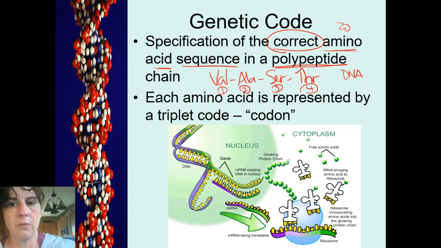So remember, when we talked about the structure of a protein, the first level is the correct order of those amino acids. And then the second level: if I get that order correct, and I have valine, alanine, serine, and threonine all in the correct order, plus 200 more of these, then it will start going into the secondary structure correctly, those alpha helices or beta pleated sheets, and then it can fold into the tertiary correctly.